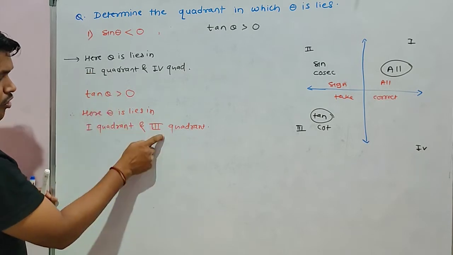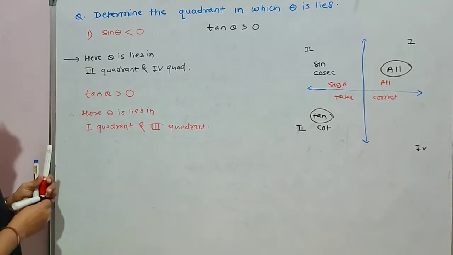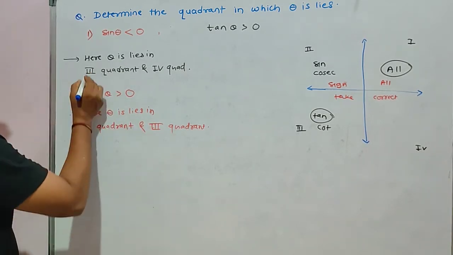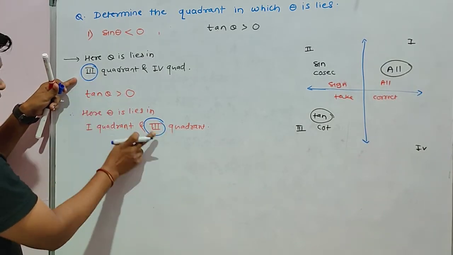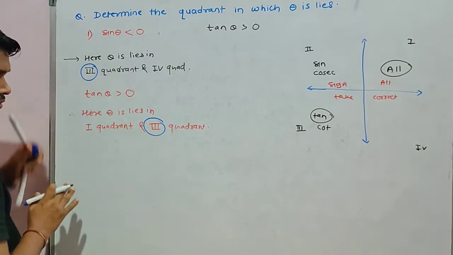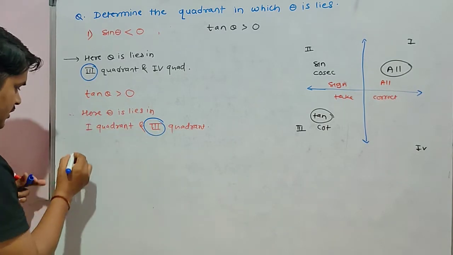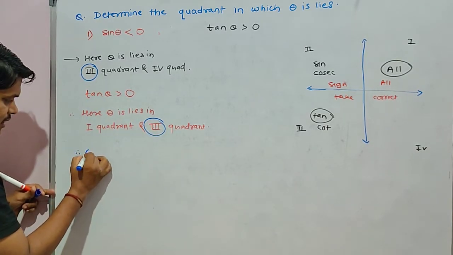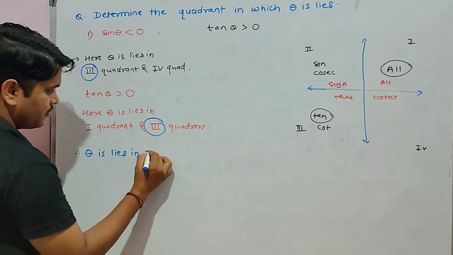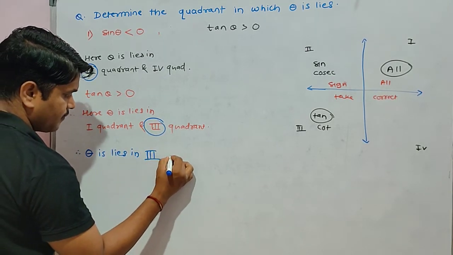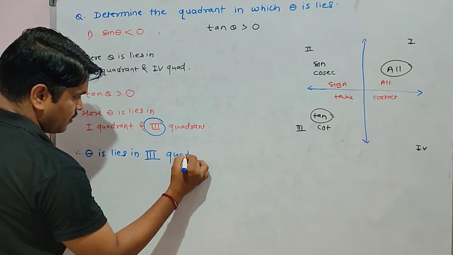So 3 is common. Understood? Third quadrant and quadrant number 3, both are common. So we can say therefore theta lies in the third quadrant.